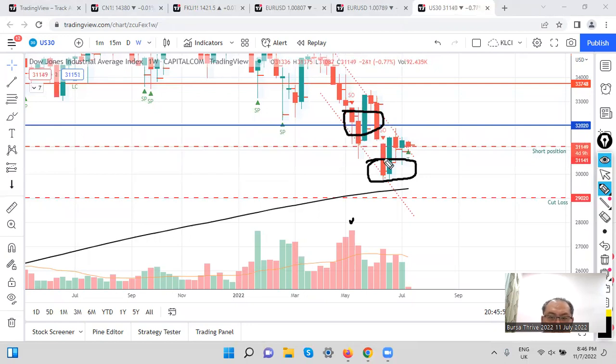However, this support has been broken, and this is only a small rebound. The volume here is higher, and here is lower. If things are going to have a major change, the volume should be higher, because the smart money already knows if things are going to change, and sure, they will be the first to jump in.